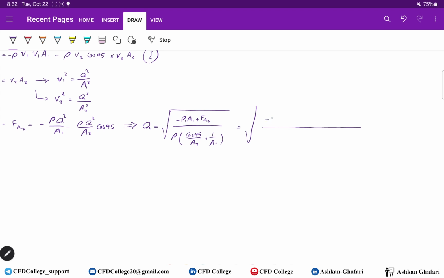Minus P1, which is 10 psi, pounds per inch square. You should convert it to feet square, so 144 inches square over feet square times area, which is 0.2 square feet.